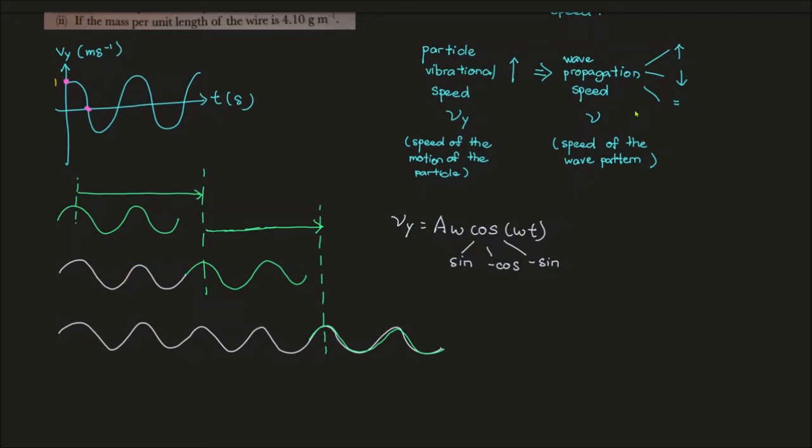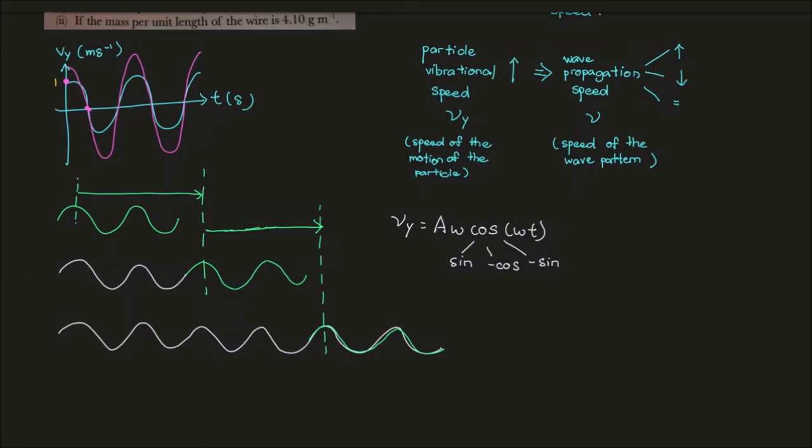But the thing to take note of is that when we say particle vibrational speed increases, we are not saying this kind of increase, we are not saying this kind of increase. The kind of increase we are saying is this kind of increase. So on average, the particle vibrational speed increases.